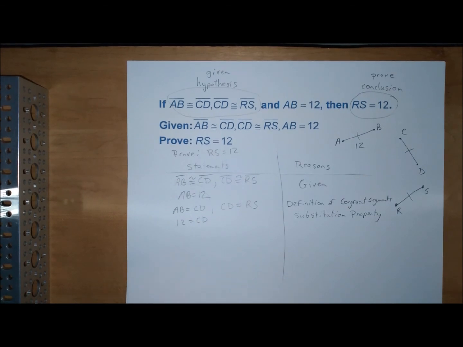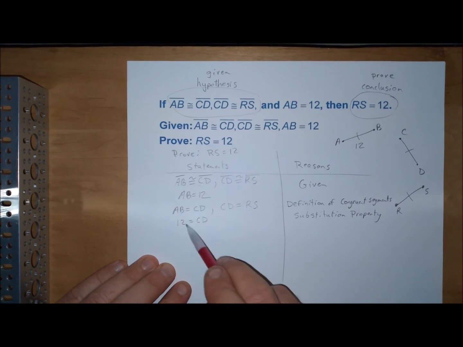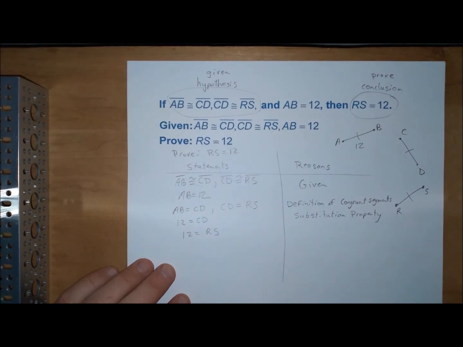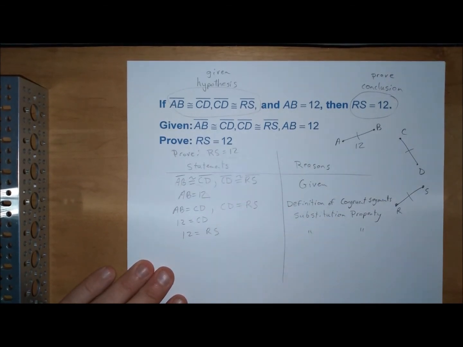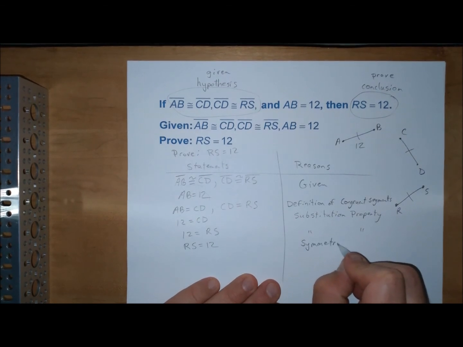And if 12 equals CD, could I substitute 12 in for CD here and get 12 equals RS? Another substitution. Was that what we were asked to prove? Well, kind of. I only have to do one more thing. I have to say RS equals 12. And that is our symmetric property of equality.